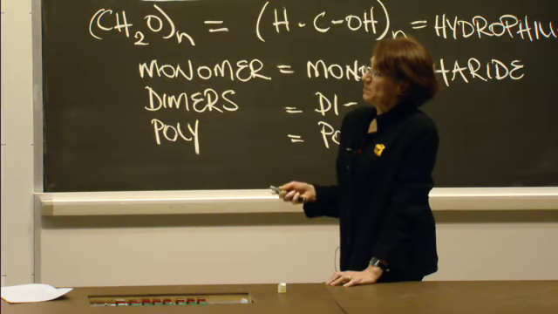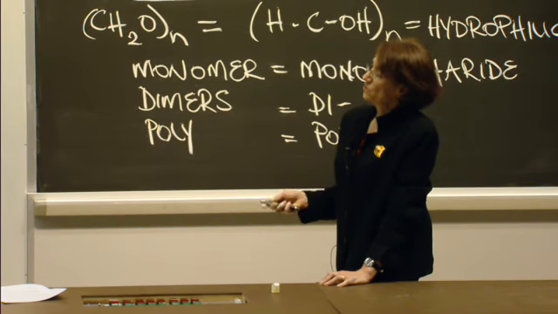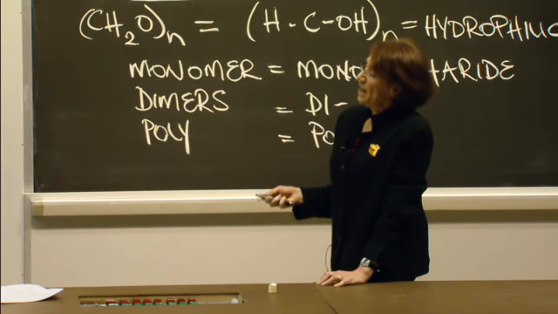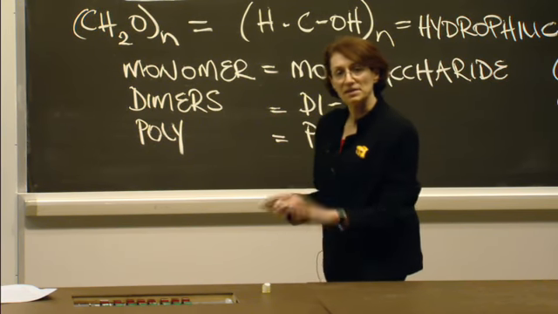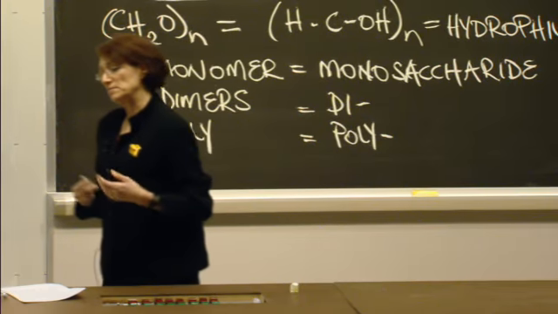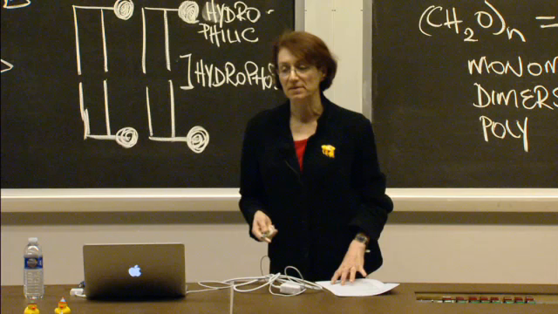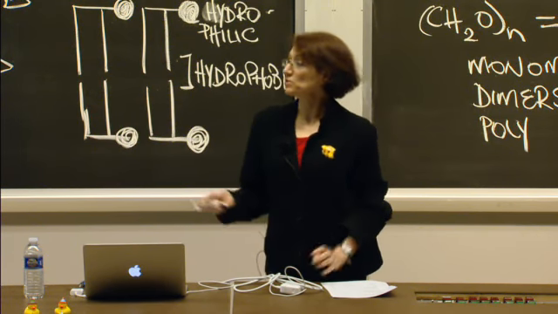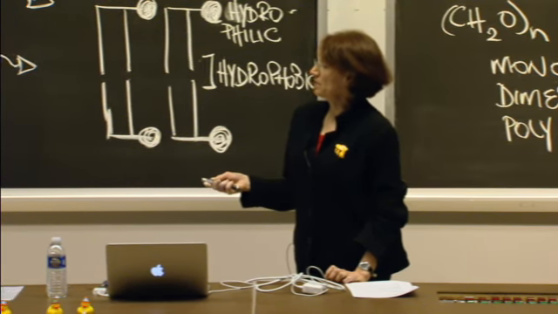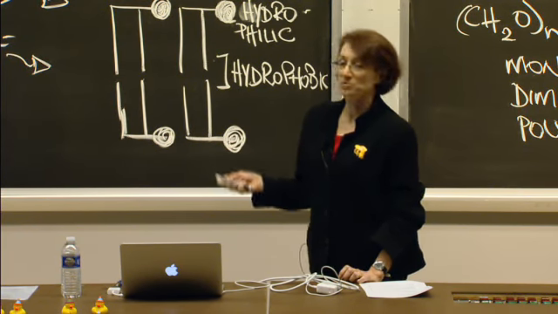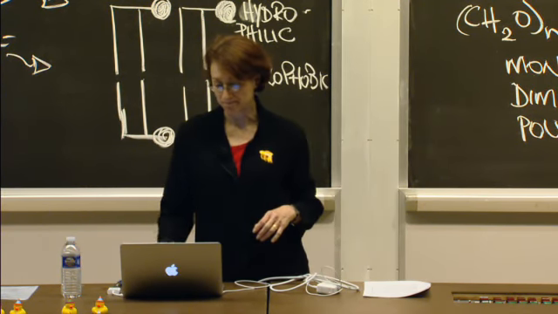So sucrose can be broken down pretty much by everyone, but lactose, which is a galactose glucose dimer, has a glycosidic bond which has a particular shape, and that particular shape is only recognized by people who have a molecule called lactase. We'll talk about this in a couple of lectures, which is able to break this chemical bond here. And if you're lactose intolerant, the reason you get stomachache and so on is because you get accumulation of this disaccharide, and it has side effects on your digestive system.